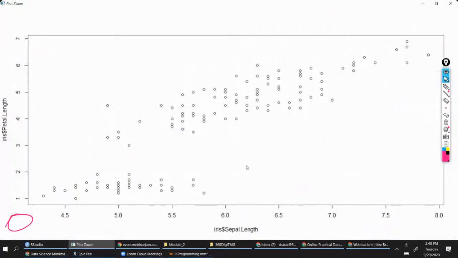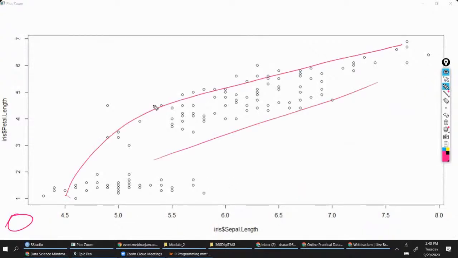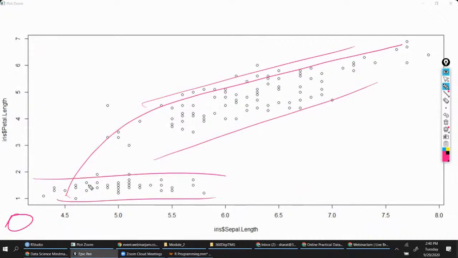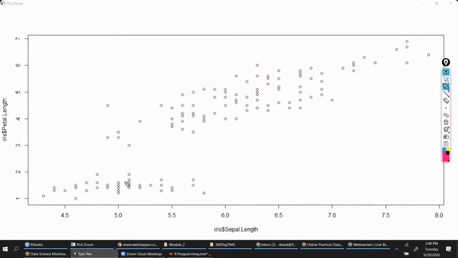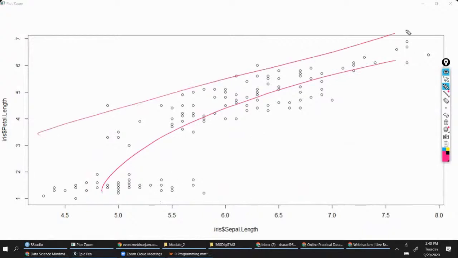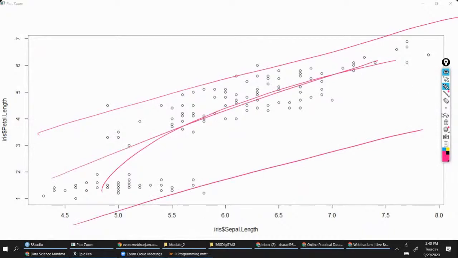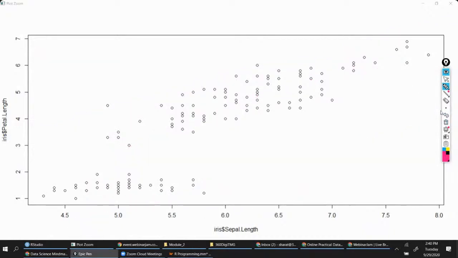We can say that it is a kind of curvilinear. Here I see a straight line, but here I see no relationship. But if I combine all this, I get a kind of curvilinear shape. But if I have to consider everything like this, then the relationship is very, very weak. That's my interpretation. So what about the mathematical expression?